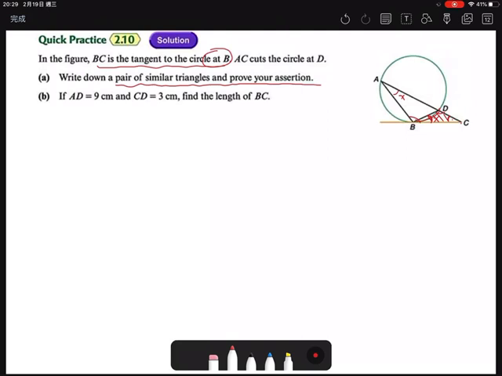All right, so now let's write out the steps. Question A, solution.